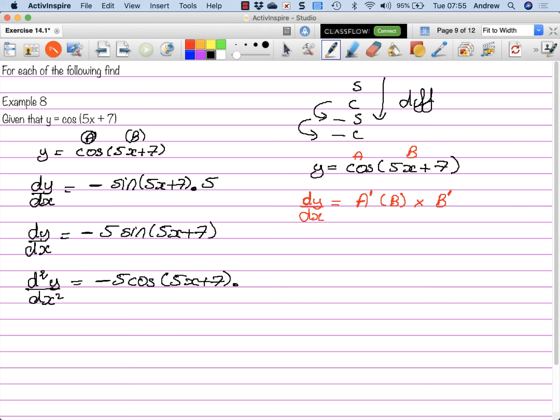And then we multiply by the differential of what's inside the bracket, which is 5. We then bring that 5 to the front, so 5 times 5 is 25, giving minus 25 cos of 5x plus 7. And that's the end of differentiating that.